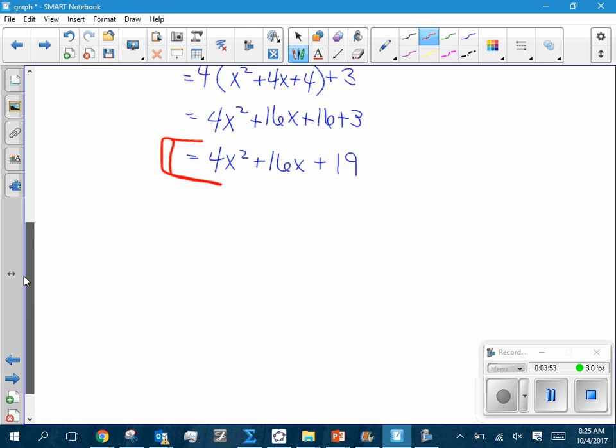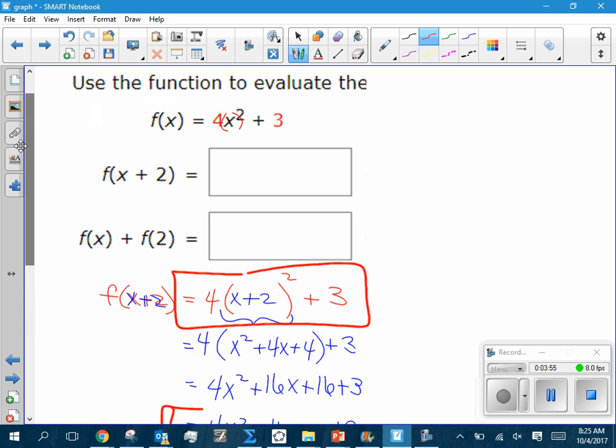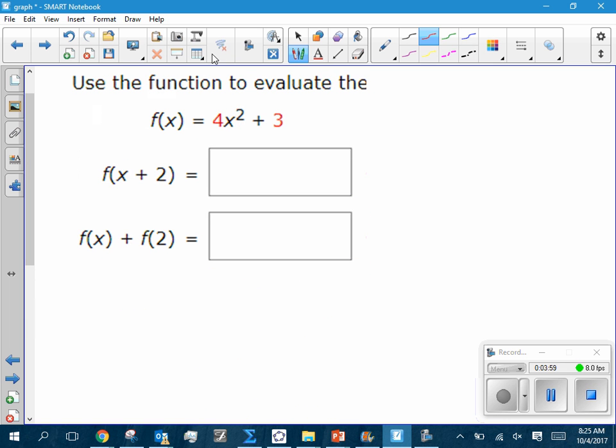The next one said find f of x plus f of 2. Okay? So f of x plus f of 2. So now, if I find f of x, which is 4, okay, I'm going to replace the x with x here, okay? It's kind of trivial in this case when I'm just replacing something with itself. So that's going to leave me just then 4x squared plus 3, right?